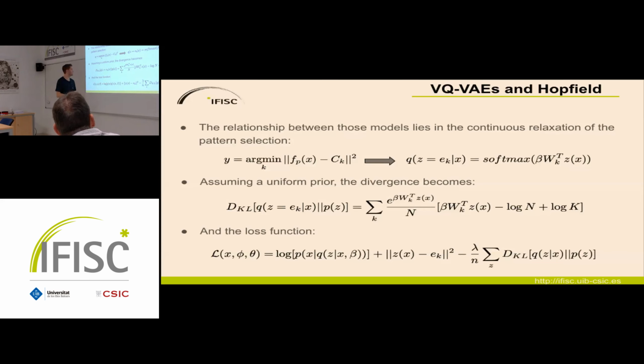We get this divergence, which notice depends now on the beta parameter, which is a temperature. So we have this free parameter, and we also have this regularization parameter here. So this is now the loss function that we get using this.